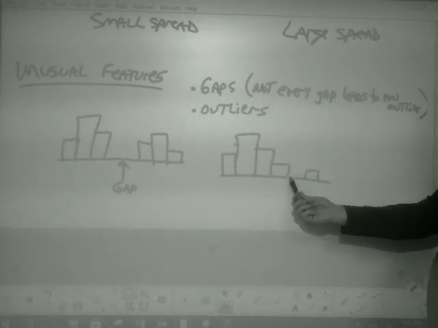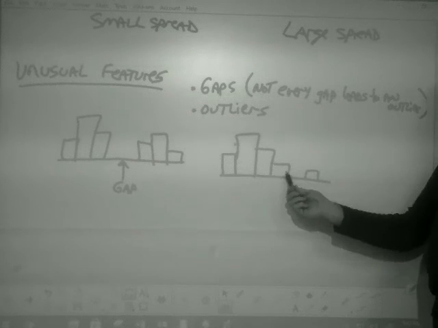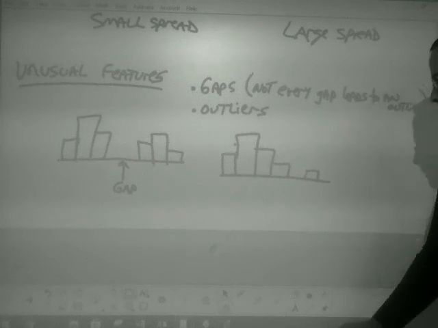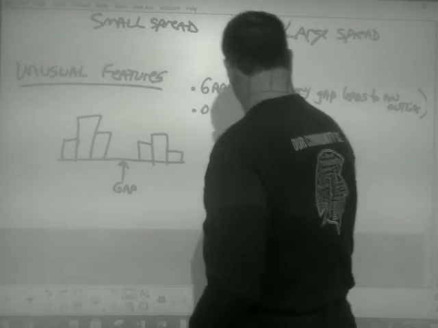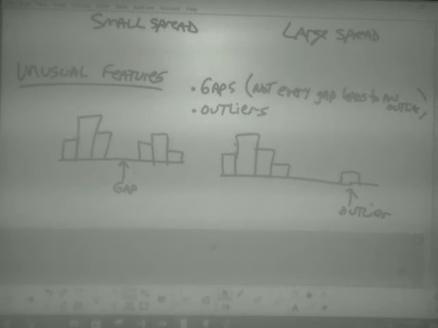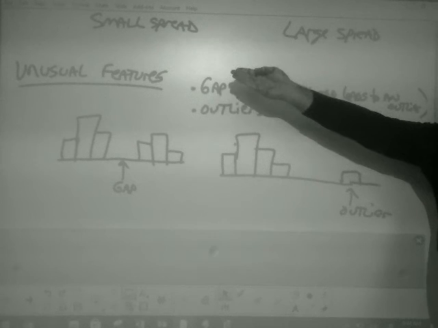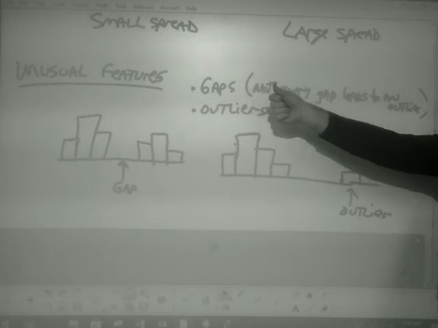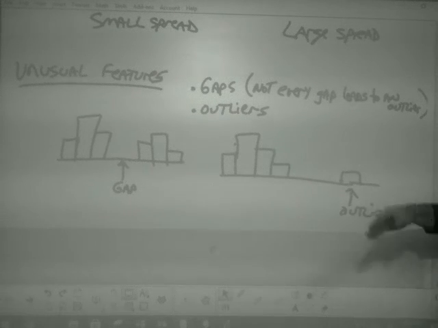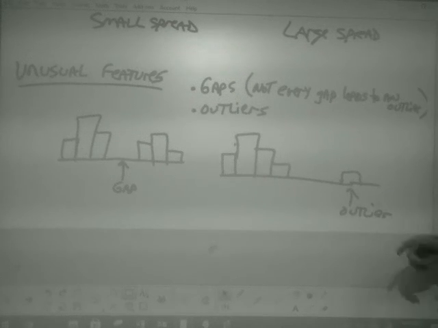Here's a situation where I have a gap, but I wouldn't really call this an outlier. It's closer to this data. But if it's way out here, away from the data, then I would call that an outlier. So I want to talk about gaps and unusual features, and notice not every gap is an outlier, and I want to talk about any outliers, anything unusual about the data.